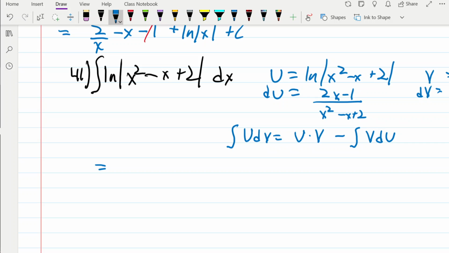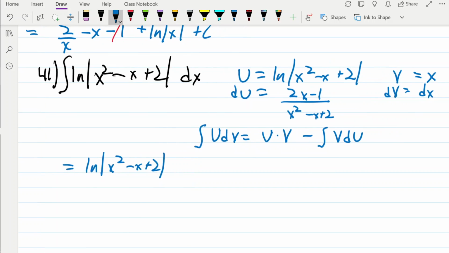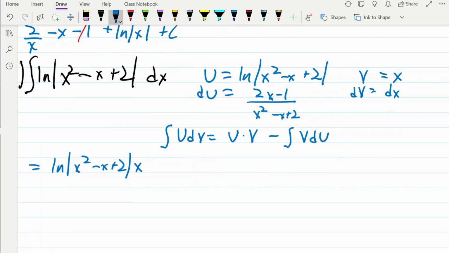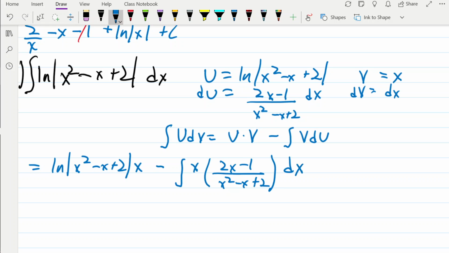So we're going to get ln of x squared minus x plus 2 times x minus the integral of v, which is going to be x, times du. I forgot that dx right there. Times 2x minus 1 over x squared minus x plus 2 dx.